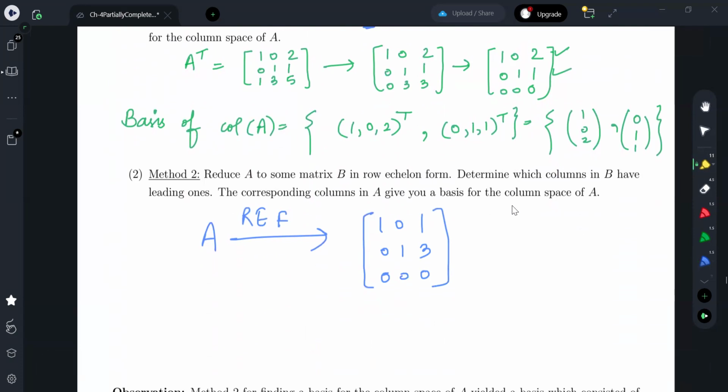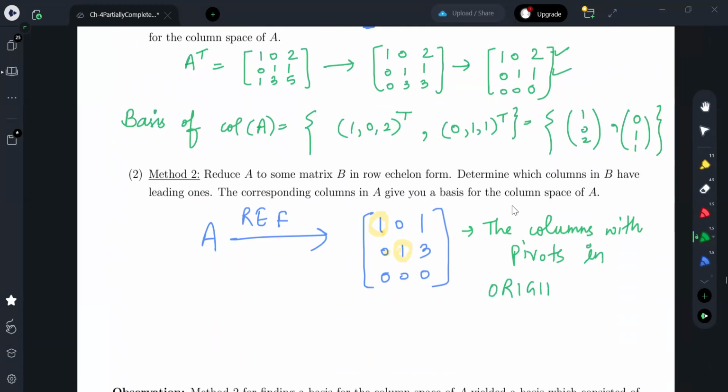So this one has a pivot. If I go down and to the right, this one has a pivot. If I go down to the right, this one doesn't have a pivot, right? The columns with pivots in original A. Now this is the important part.